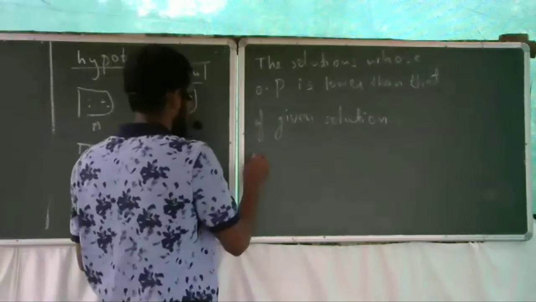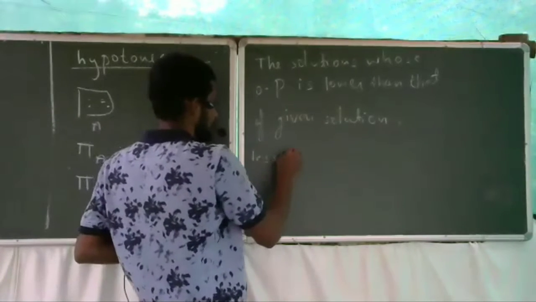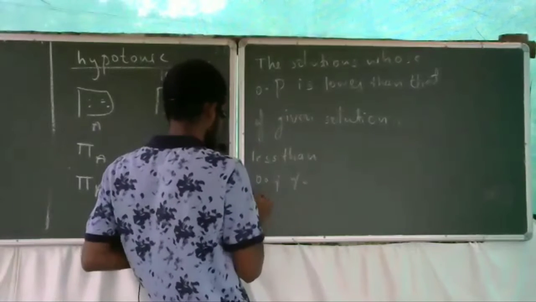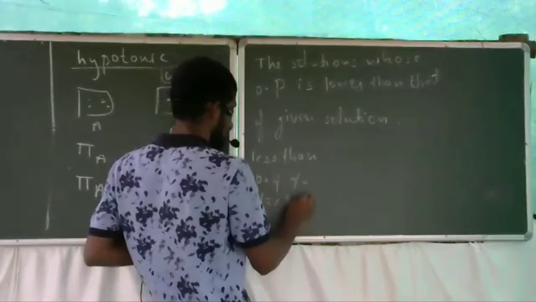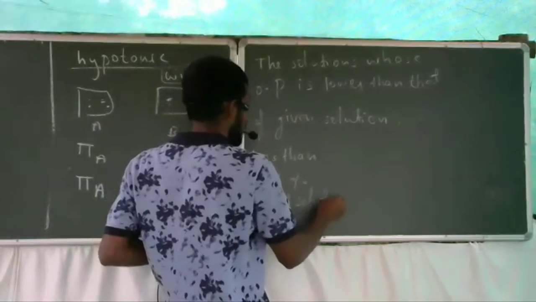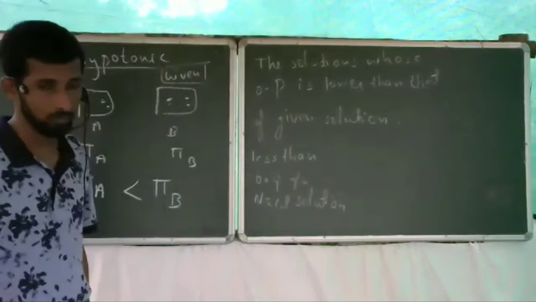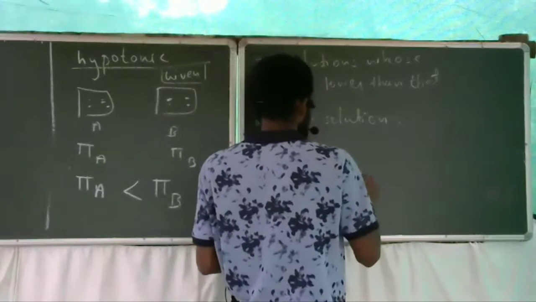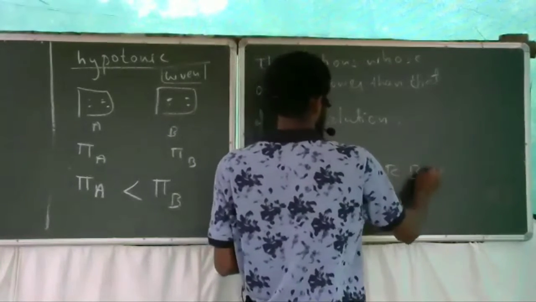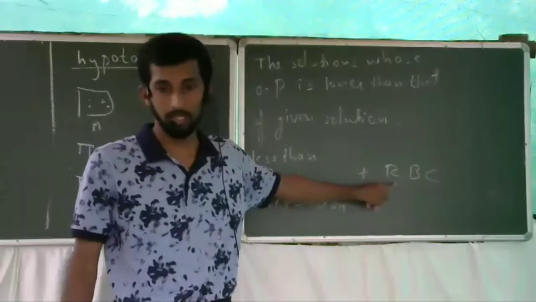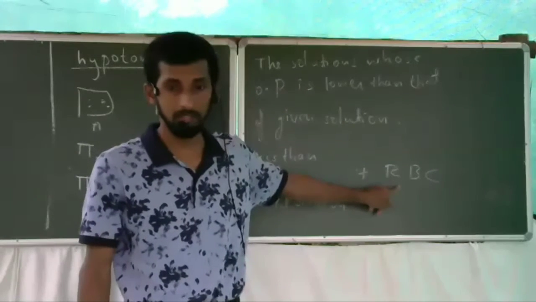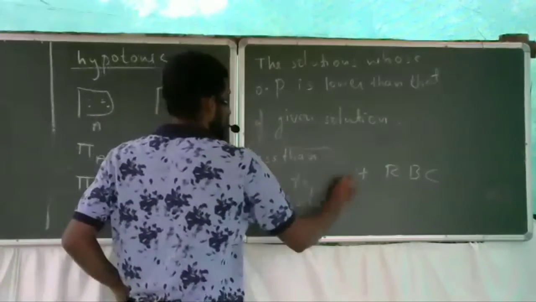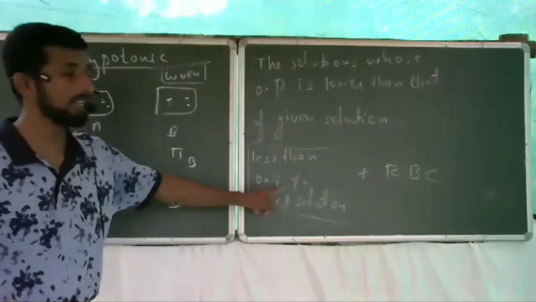So we can take the example of less than 0.9% NaCl solution and RBC. Here RBC is the given one. The NaCl solution strength is less than 0.9%.